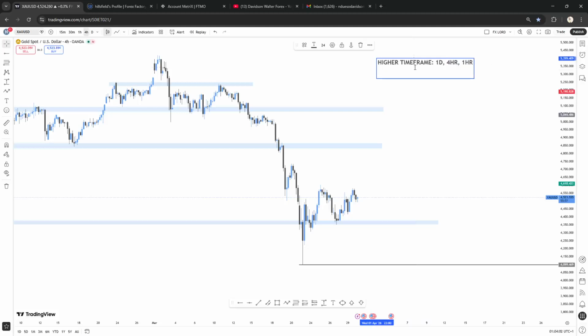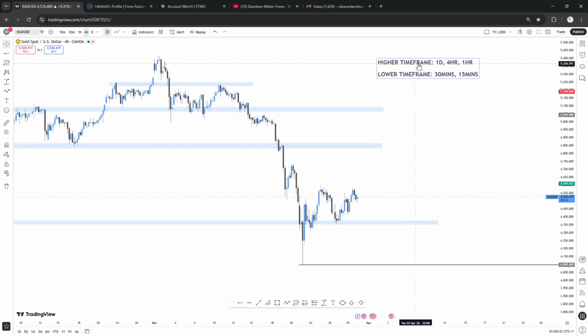Then we also have the lower time frame. For the lower time frame, I basically stick with 30 minutes, but you can go as low as 15 minutes. The advice I'm going to give you is never go below the 15 minutes time frame. So for me, this is where I trade around.